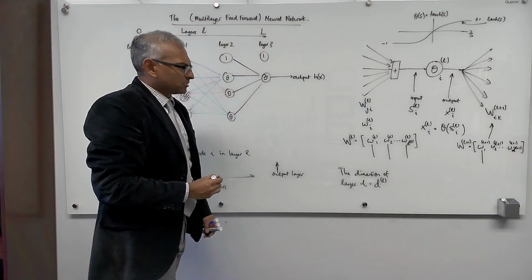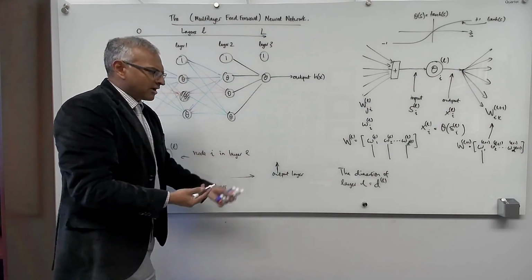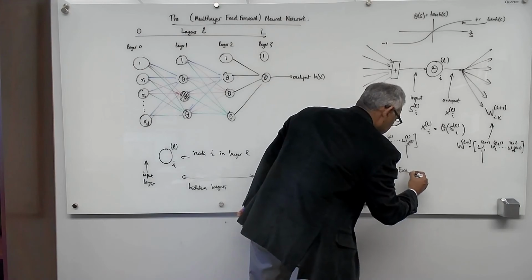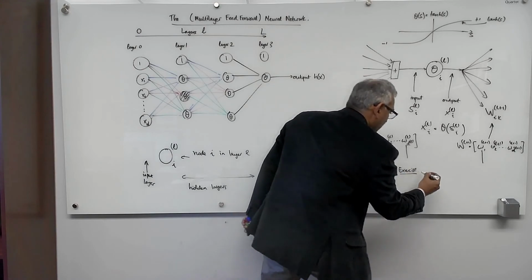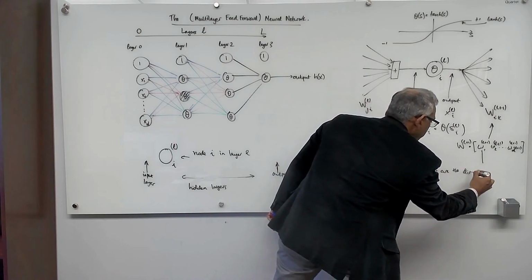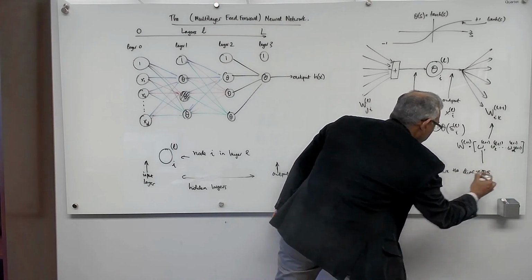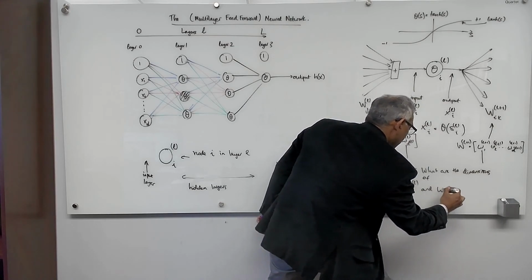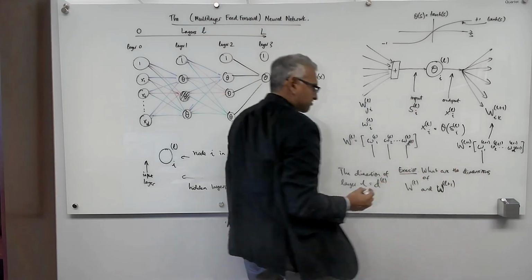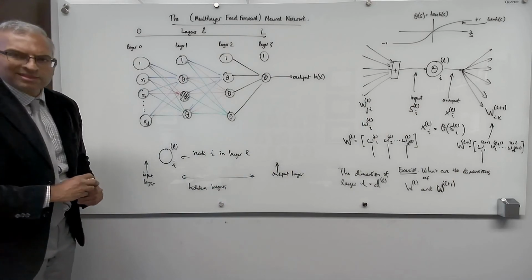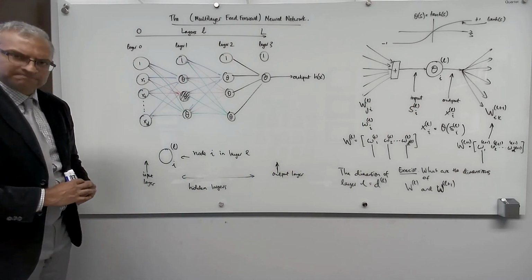So, just so that you have some practice with this notation, exercise: what are the dimensions of the weight matrix WL and the weight matrix WL plus 1?